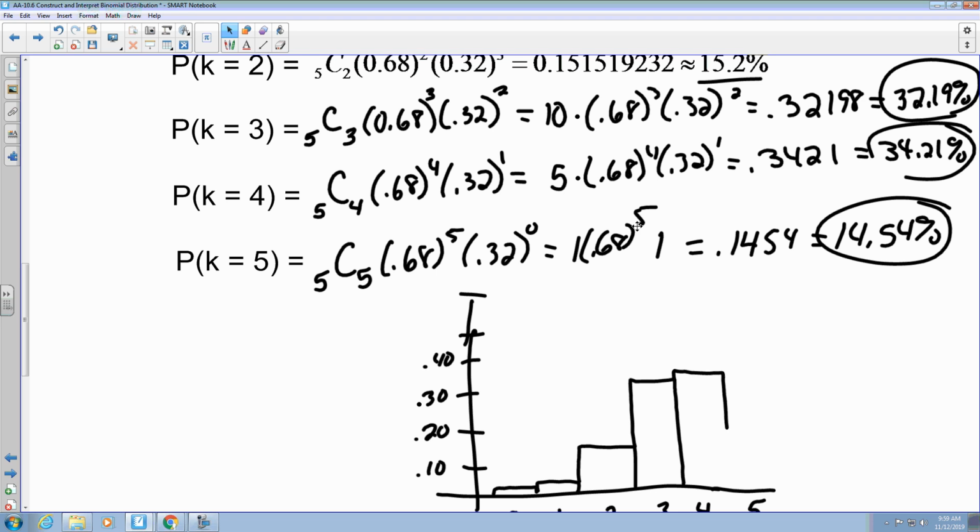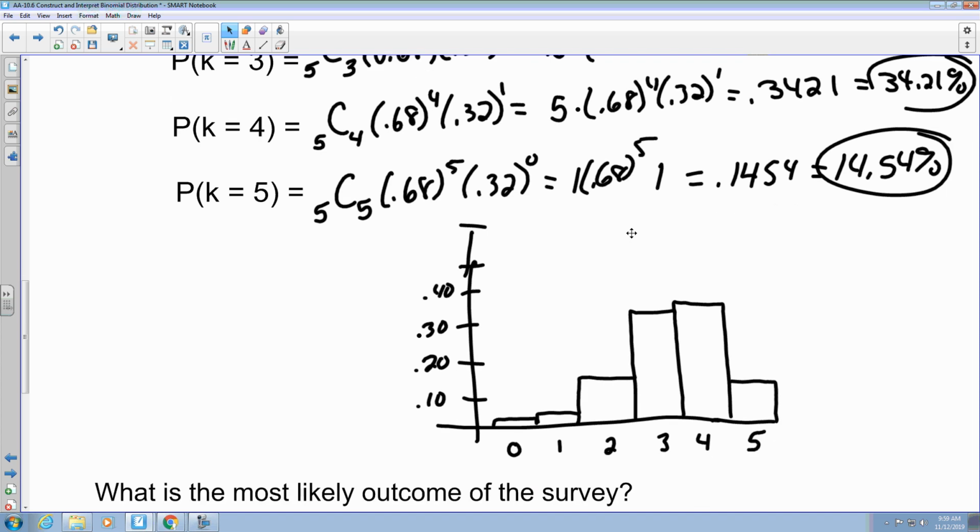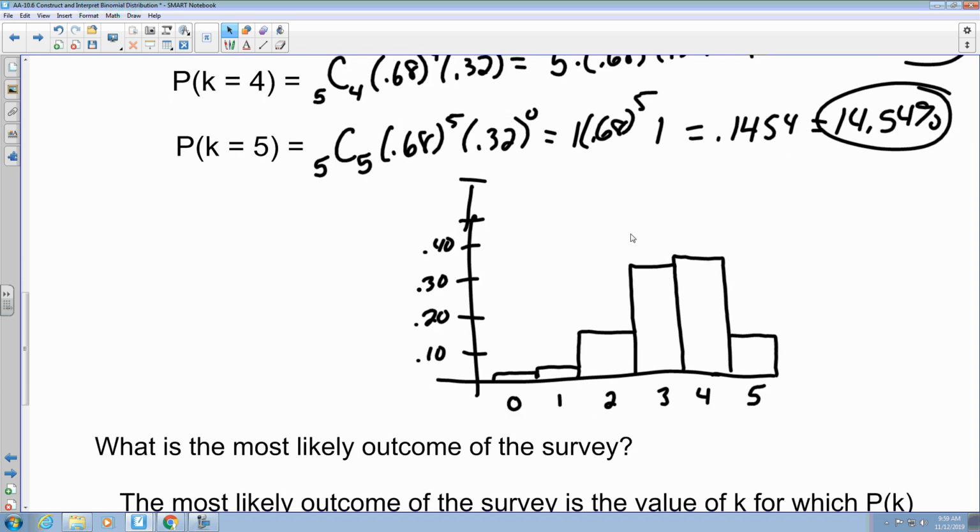And then the 14 for 5. So here's our histogram with the results that were given. This particular histogram is going to be a skewed one because it's not a mirrored image.